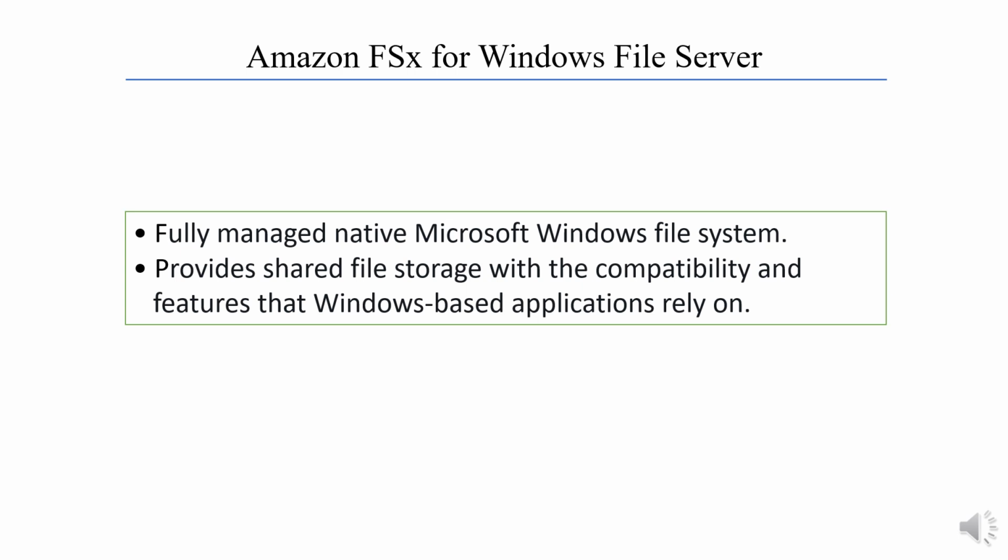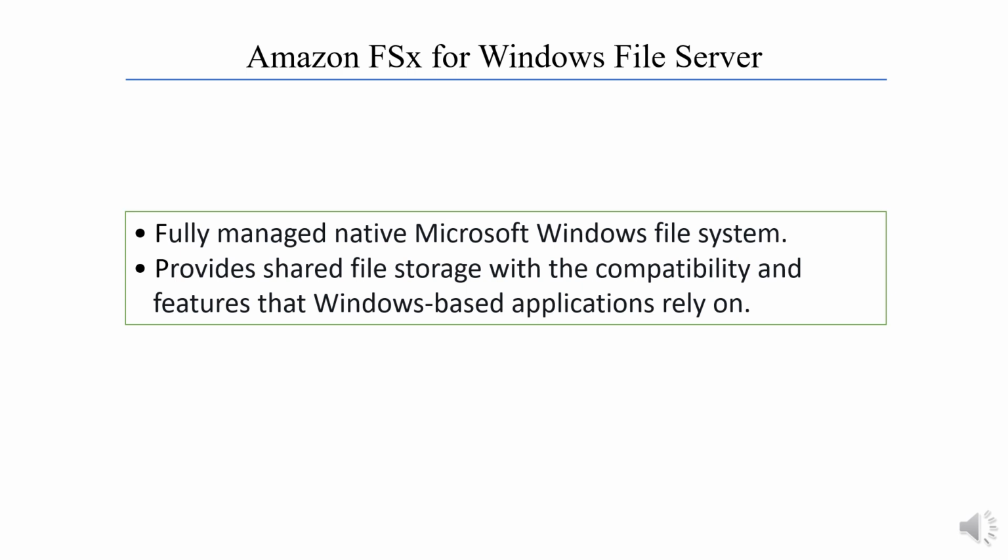Built on Windows Server, Amazon FSx provides shared file storage with the compatibility and features that your Windows-based applications rely on, including full support for the SMB protocol and Windows NTFS, Active Directory integration, and Distributed File System, DFS.